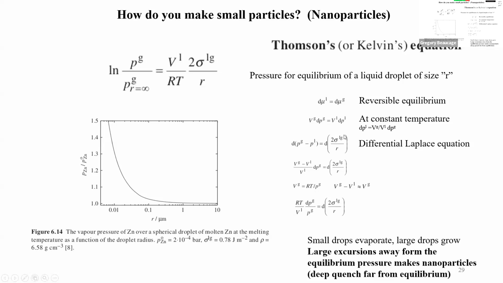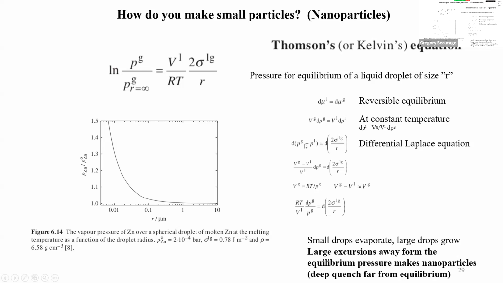And then for this pressure, you can also write the Laplace equation, which is delta P equals 2 times the surface tension over R, and you can take a derivative of both sides. So you can substitute the dP here with these volumes of the gas and liquid.